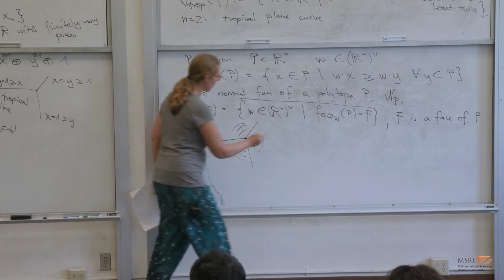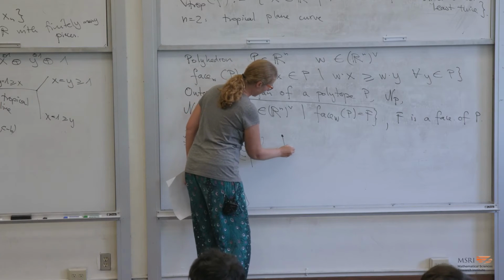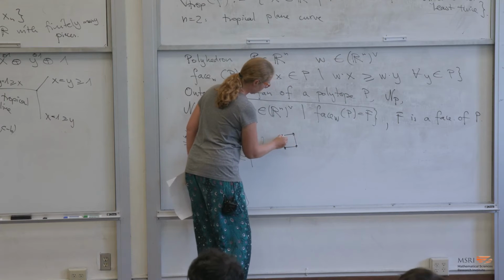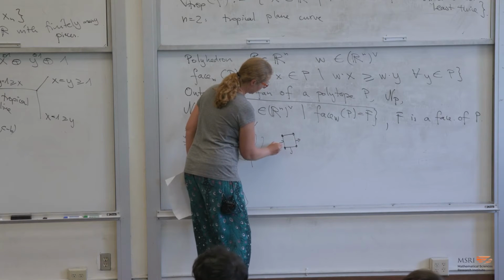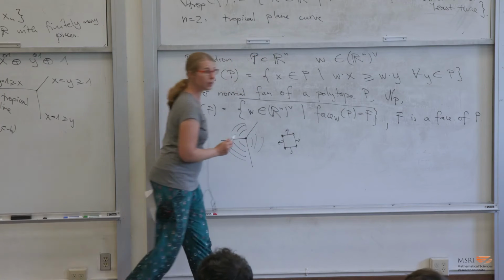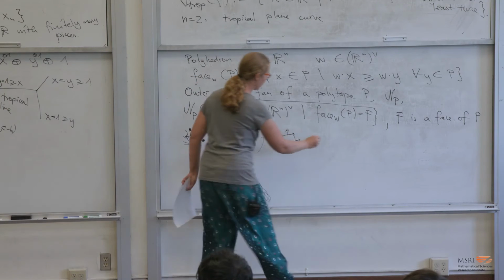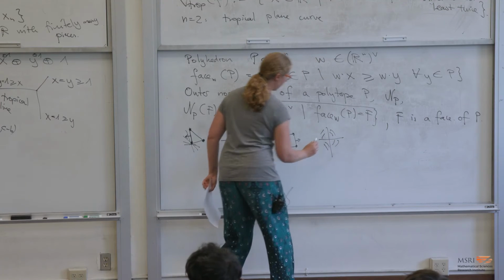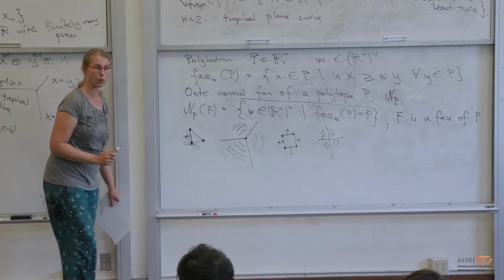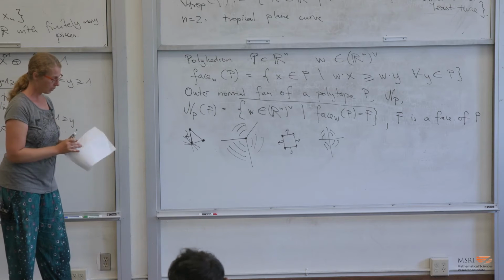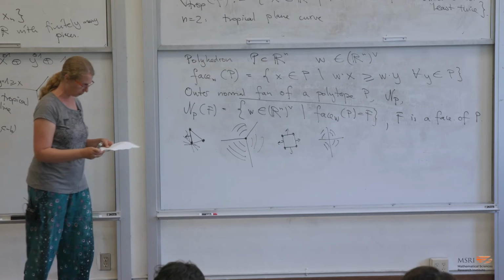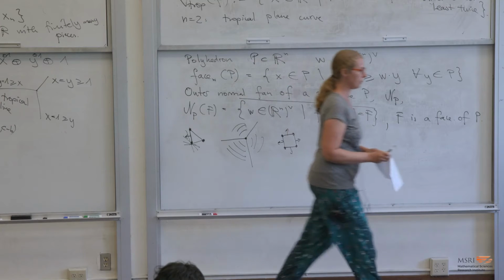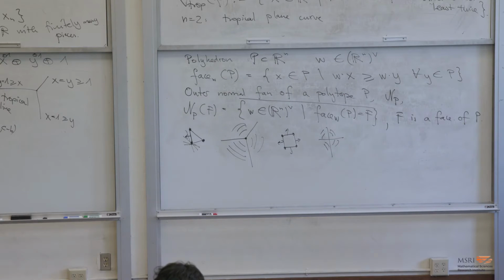So in the two-dimensional world, drawing a normal fan is really as easy as just taking the outside normals, drawing them in the dual space and letting them produce a fan. That's the outer normal fan of my polytope. Of course, in the toric world, we often work with inner normal fans, but that's the usual min-max problem that we have.